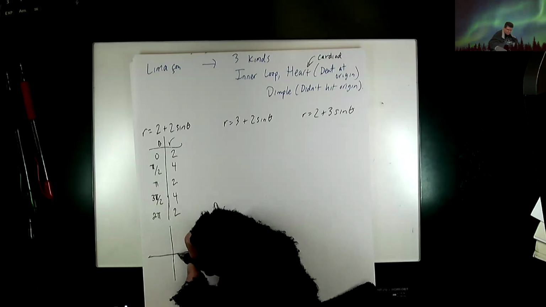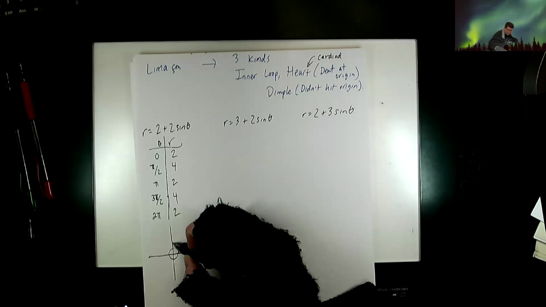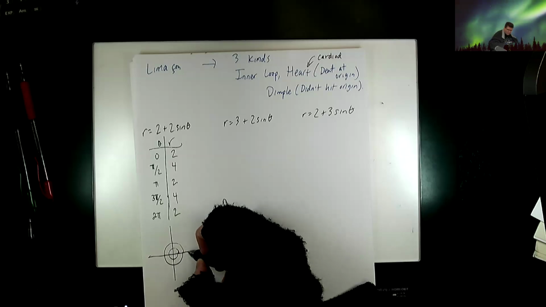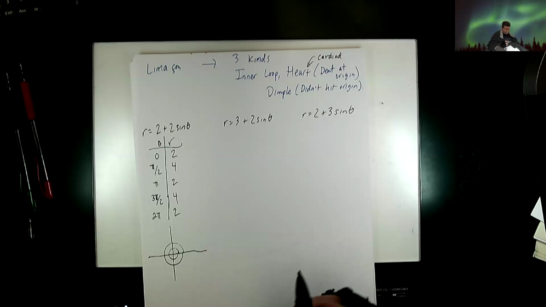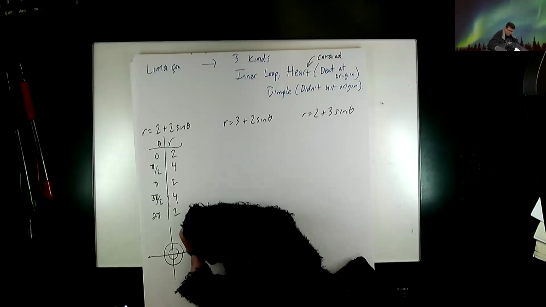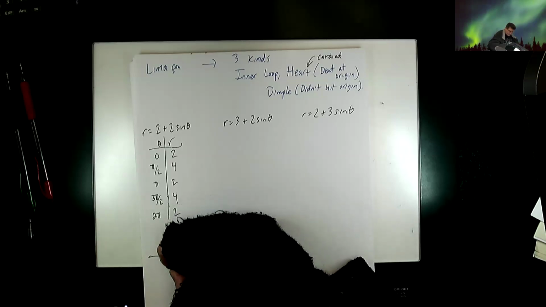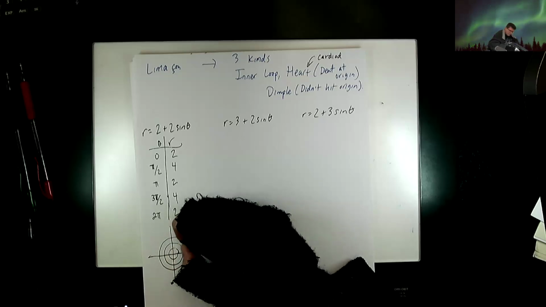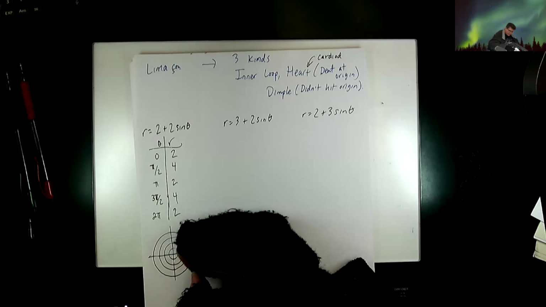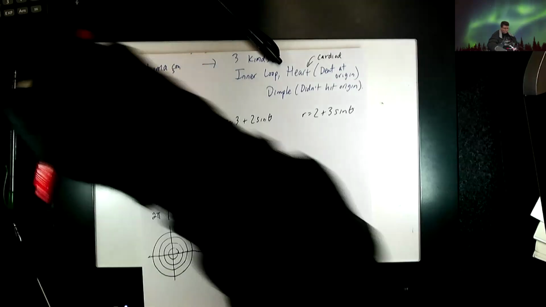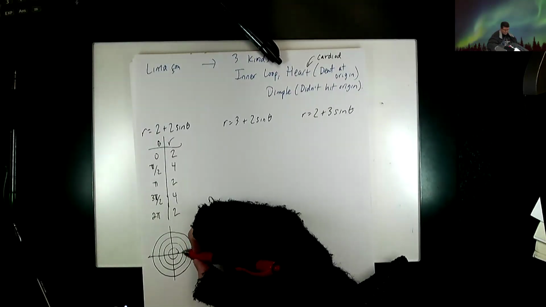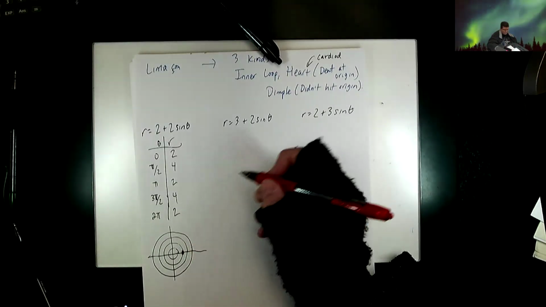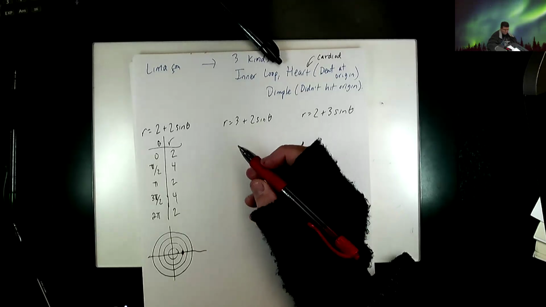What does that look like? I think I skipped some things that I need. Theta is 0, I got a 2. I don't know that I have enough here.